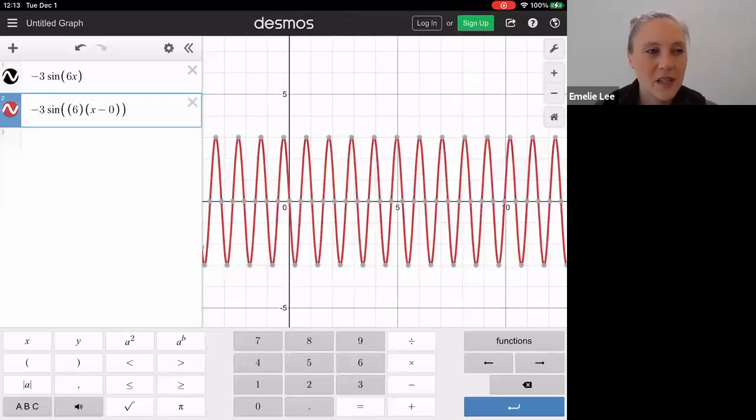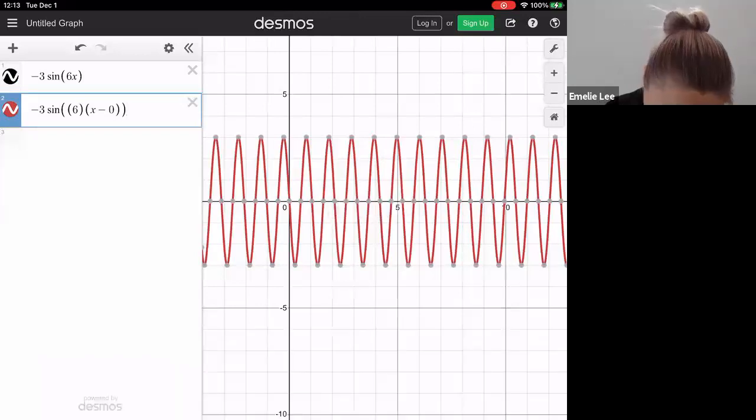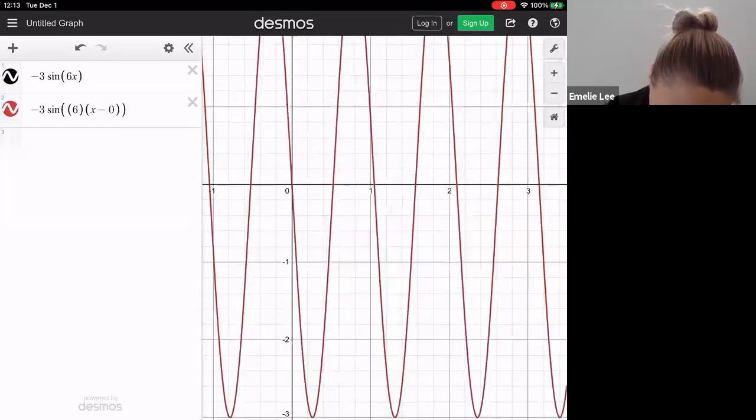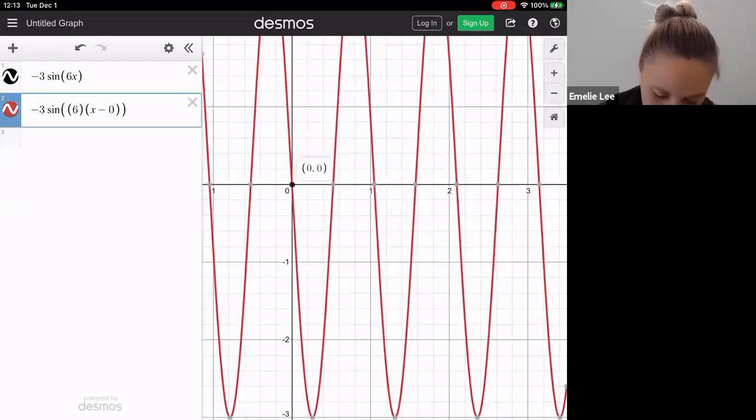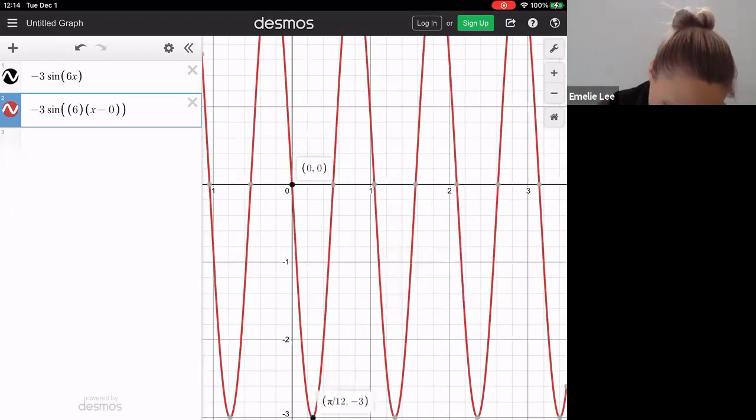Okay, so now let's just go try to zoom in here. Starts at 0, 0. Remember, it's been flipped on the x-axis, we knew that. And then it went down to -3, pi over 12, -3.